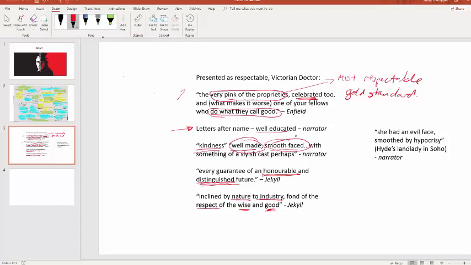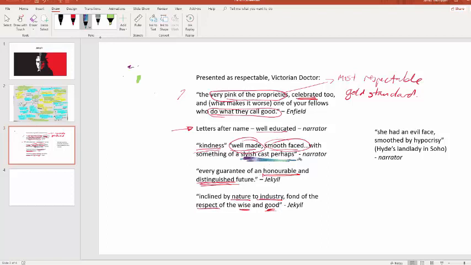But even here there are some things to think about which may not be so positive. We've got things like he had this smooth face, which is all very good, but with something of a slyish cast, perhaps.